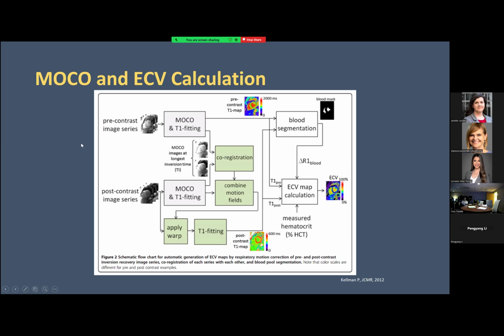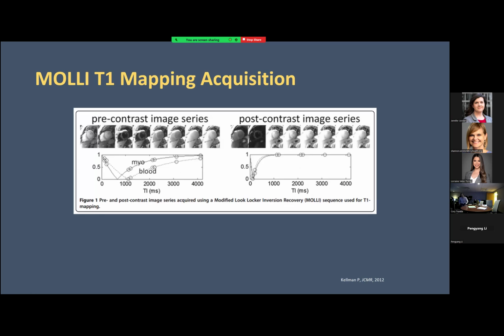Well, when we take these images and we fit them, we're fitting the X, Y coordinate of 50 and 30. And we're taking it in each of these different frames and we're plotting it, fitting it, and creating the T1 curve. So if in any of these frames, the myocardium moves out of plane and you have a pixel that's myocardium, myocardium, blood, myocardium, myocardium, myocardium, it's going to shift the T1 curve here.